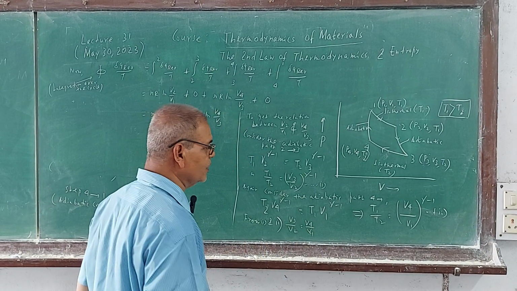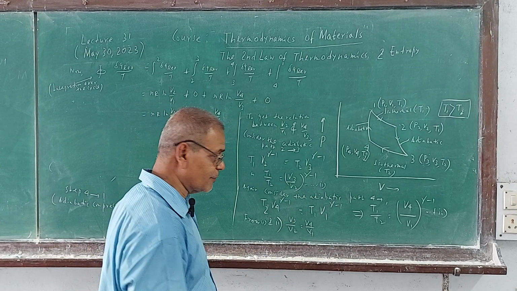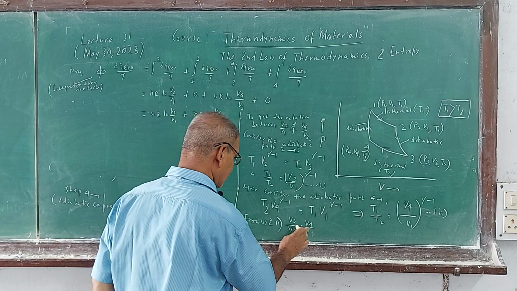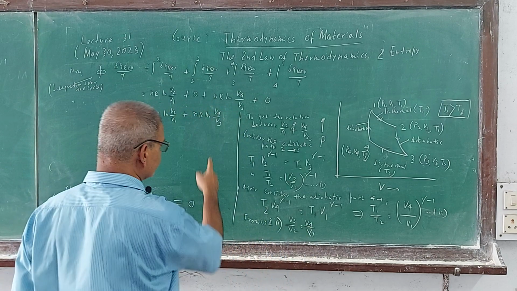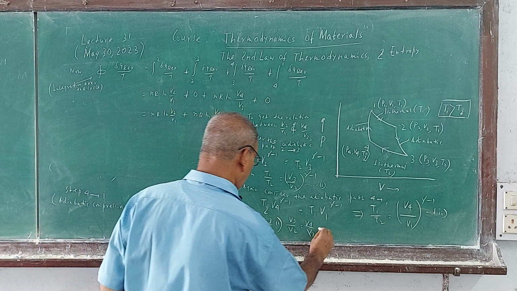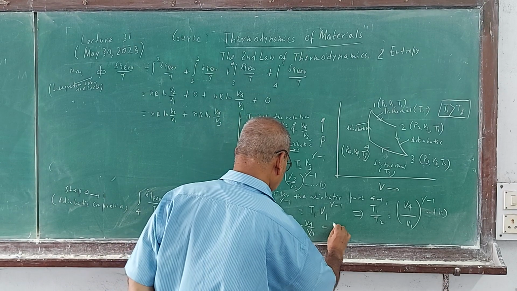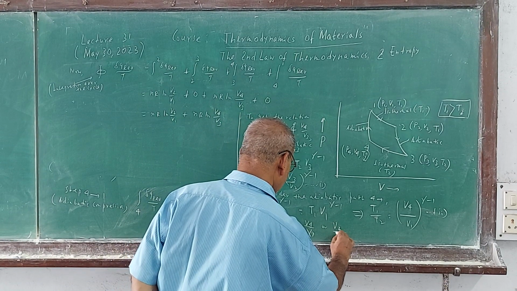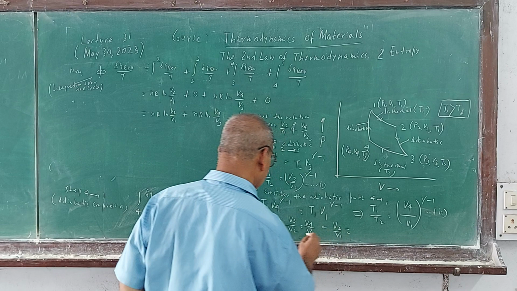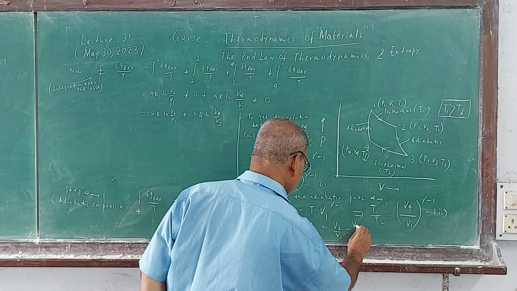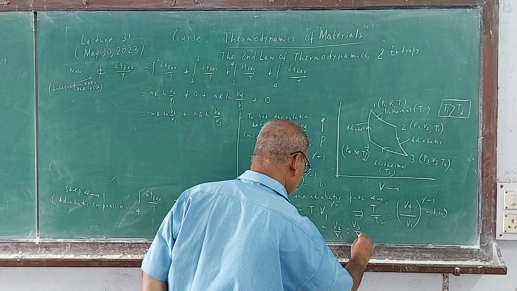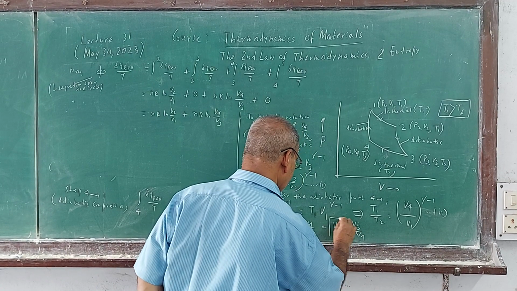The right hand side has power gamma minus 1 in each case, so it cancels out. So this is one way of writing it. Since V2 by V1 is V4 by V3, or V2 by V1 is V3 by V4. This is the relation you arrived at.